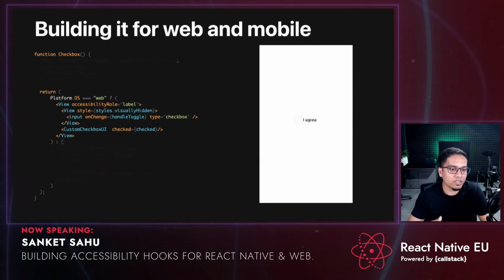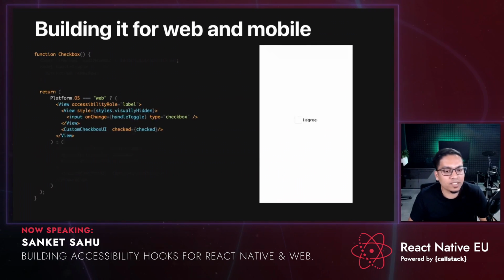So this does most of the trick, if we have input as checkbox. But on the parent, we have accessibility role as label, and this makes it tappable, or sorry, clickable on the web. And here we are using the same custom checkbox UI. And if we look at the input onChange, that component is wrapped in a visually hidden view.